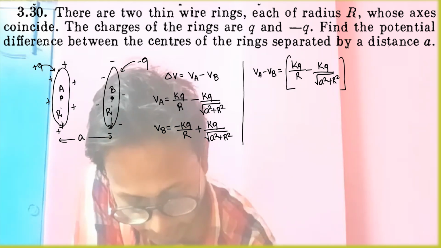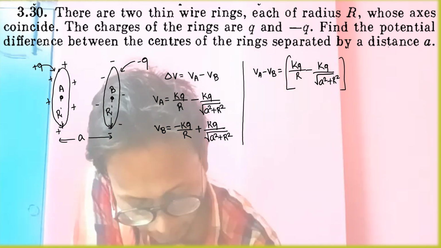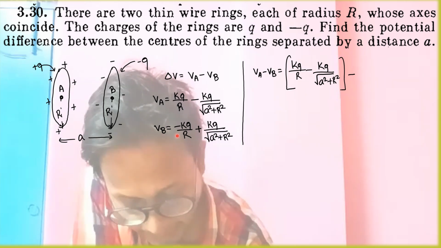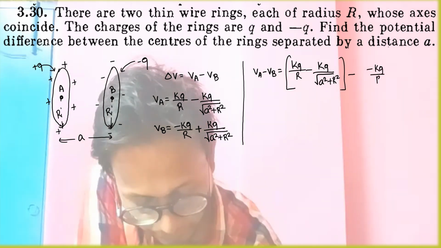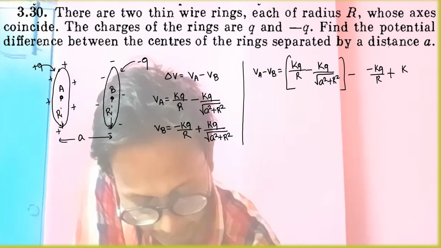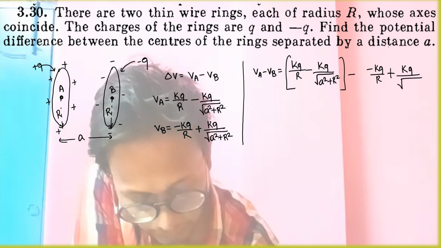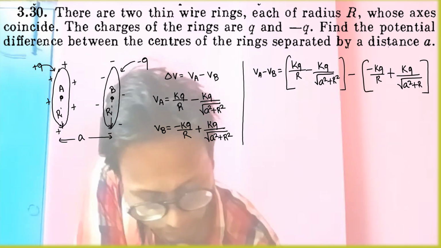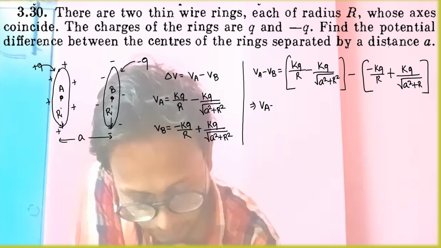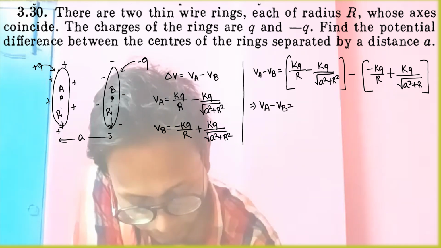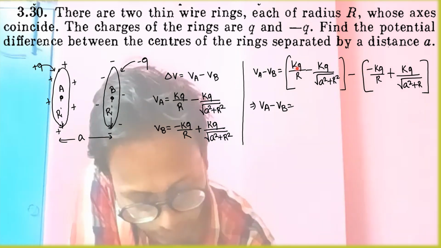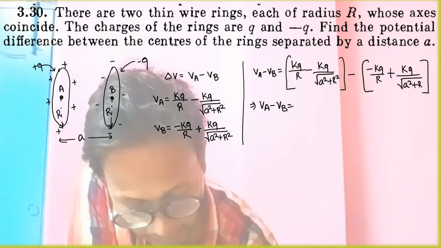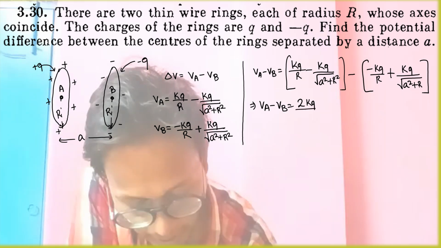Minus of, I have to write this entire term out here, so minus kq by r plus kq by under root of a square plus r square, isn't it? So if I evaluate this value, minus VB is equal to plus kq by r, and minus becomes plus, so plus kq by r plus kq by r is nothing but 2kq by r.